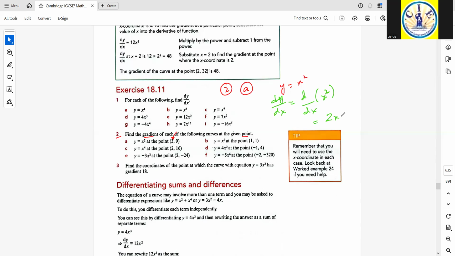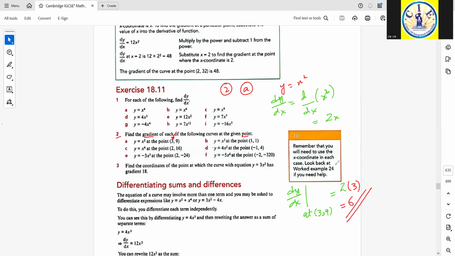Now, if we need to calculate the derivative of the function, which is a gradient at the given point, I'm going to calculate it at 3, 9. That will give us 2 times the value of x, which is 3 in the given point. So its answer is going to be 6 overall.